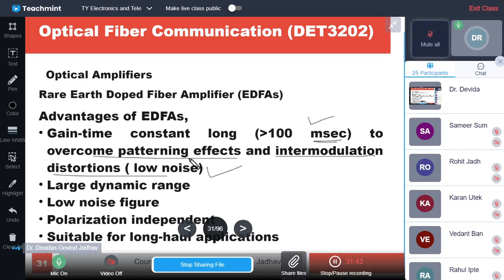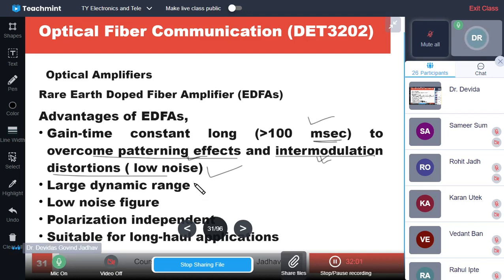Whatever the effects of patterning and intermodulation distortion are there, they are overcome, and these patterning effects and intermodulation distortion come as noise, and they are overcome in this very long time amplification process.